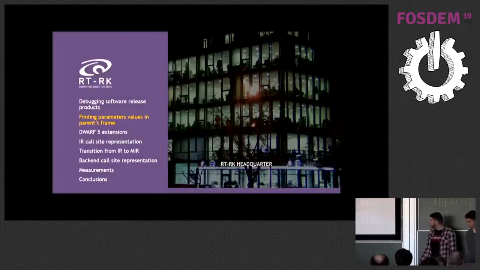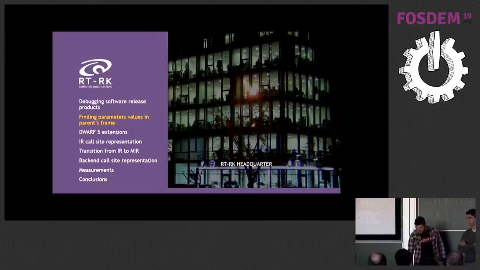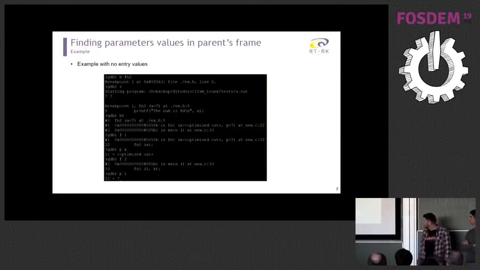Developers with more experience with debuggers are aware that some of those values could be found in the parent's frame, or the frame above. Looking at this example, we see that parameter X is reported as optimized out, but if we jump into frame 2, we are able to print the actual value at the call site point.